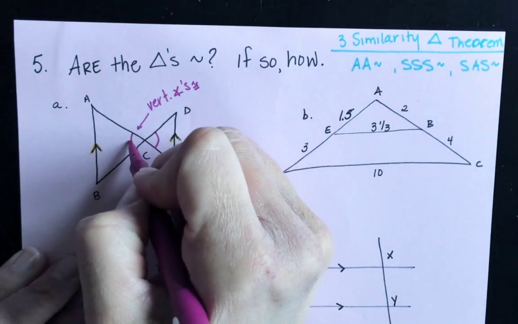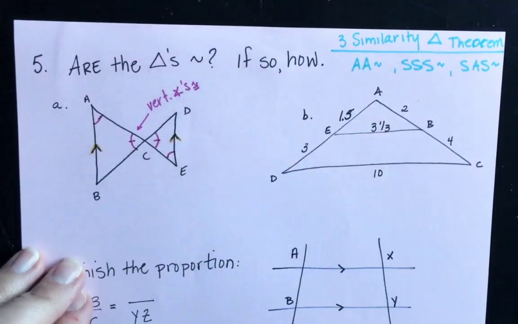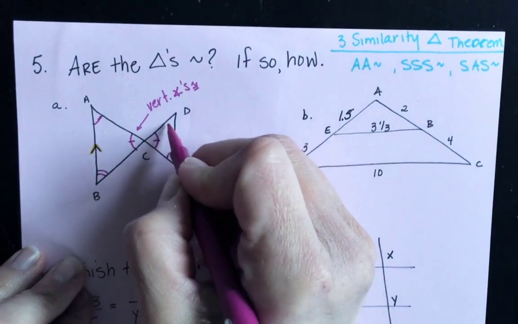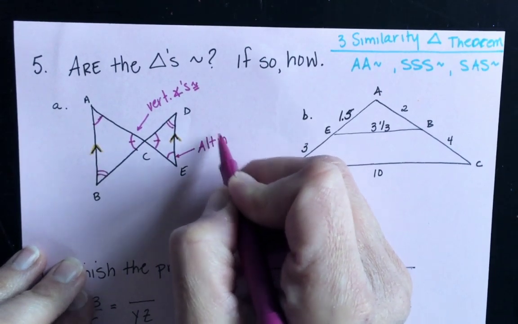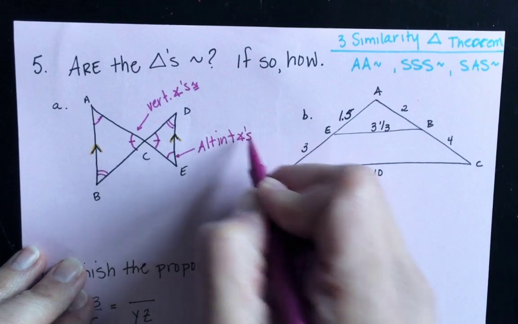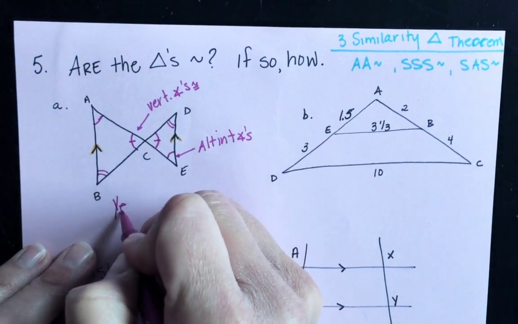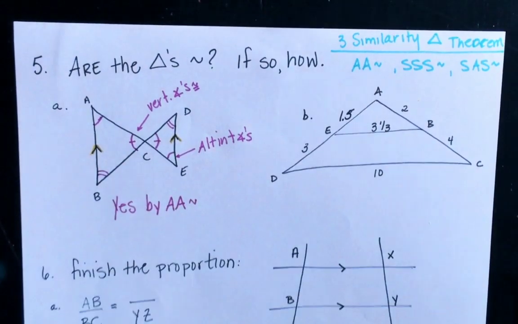We have to remember that in almost every one of these crisscross bow tie situations, you end up with alternate interior angles. And you only need two, but we end up seeing very quickly all three are going to be congruent. So yeah, we end up with our alternate interior angles and our vertical angles. So this is a yes by angle, angle similarity. Done.